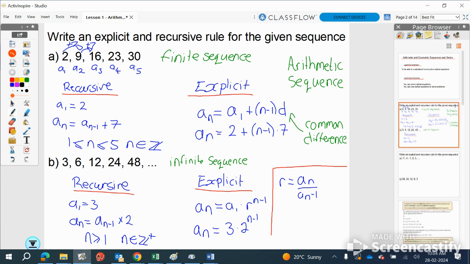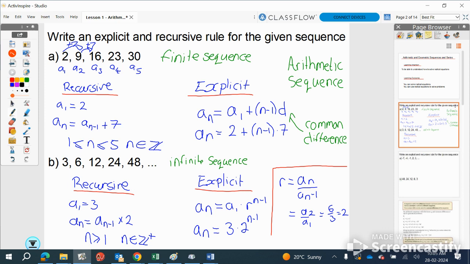So for instance, you can take A2 and divide it by A1, and you'll get the common ratio. 6 divided by 3 equals 2. You'll find this formula useful with harder ones. For instance, this one's easy. You can see the times by 2. But let's say the common ratio is 5/7. You aren't going to see that so easily. So if you take one term and divide it by the previous term, you'll see the common ratio.